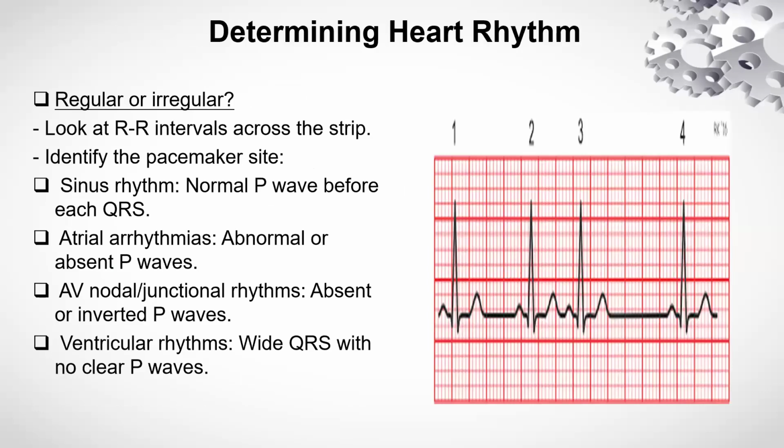So the sinus reading has a normal P wave before the QRS complex, but in atrial arrhythmias, either fibrillation or flutter, you'll see that the P wave is absent. We're going to look at that. But the important thing is you want to look at the regularity, and you look at the RR interval. They are not regular. So these are the irregular rhythms.